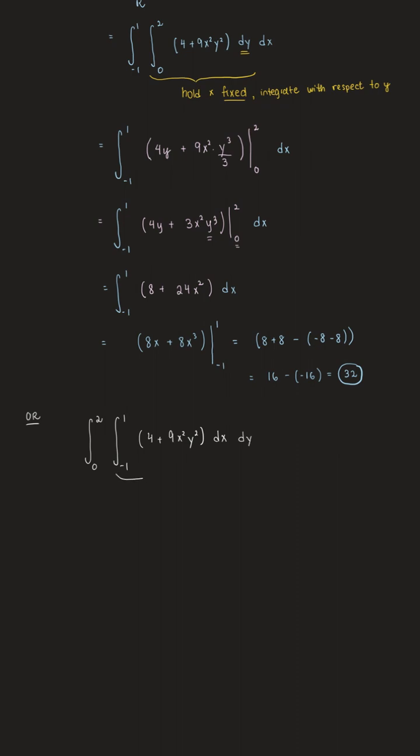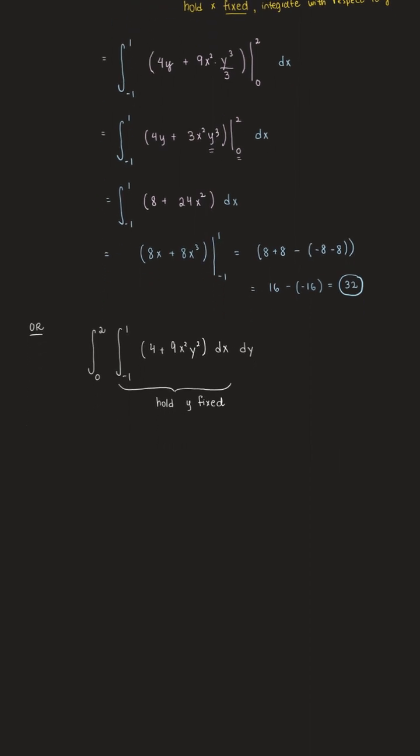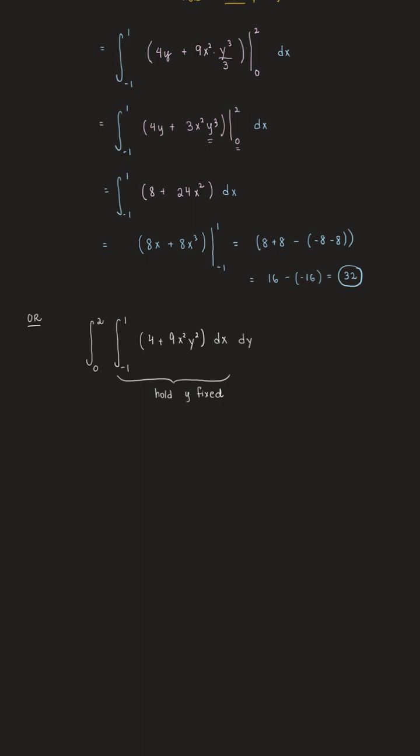So when we do the internal part and find the areas of the slices, we are going to hold y fixed, which means we're thinking of it as a constant, so that we find this area, and then we will integrate with respect to y after that. So this is going to give us the integral from 0 to 2, holding y fixed.